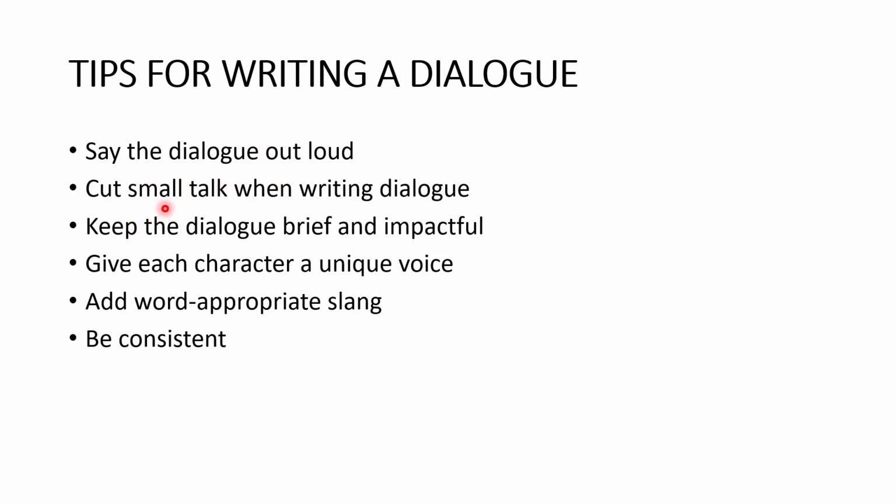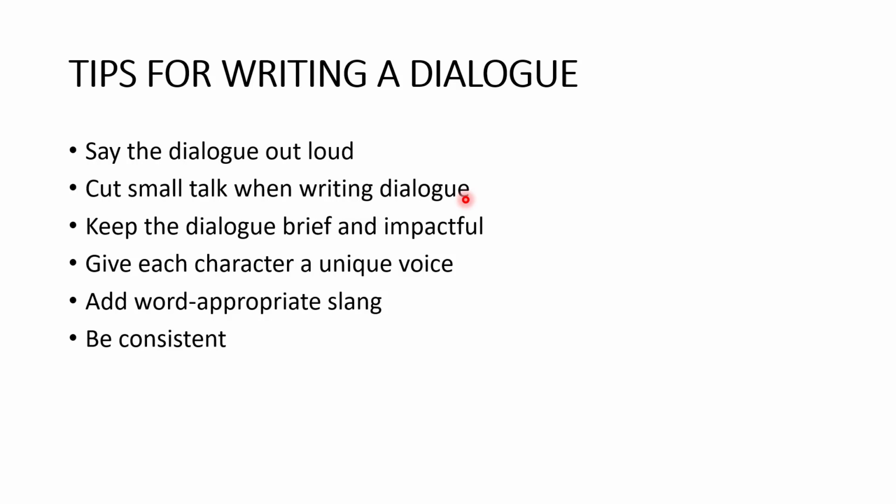The second tip is cut small talk when writing a dialogue, which means do not make the dialogue unnecessarily long, because it's just a dialogue. Just try to keep it as simple as possible. For example, when you talk with your friends or family, you do not generally speak a whole paragraph with them, right? If it's not a debate or something.